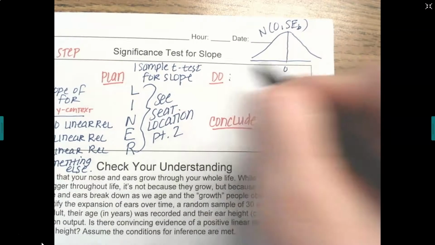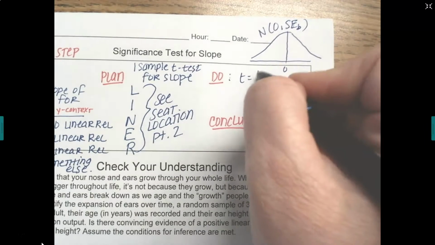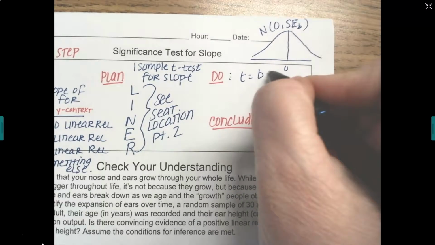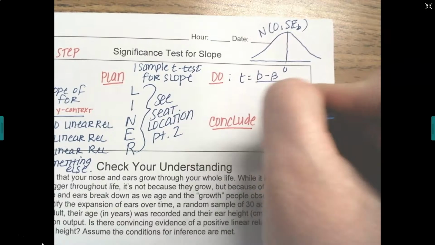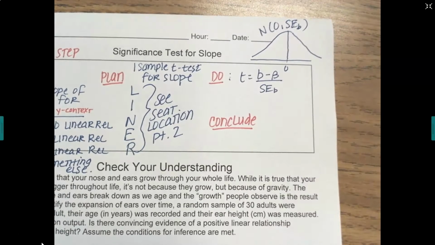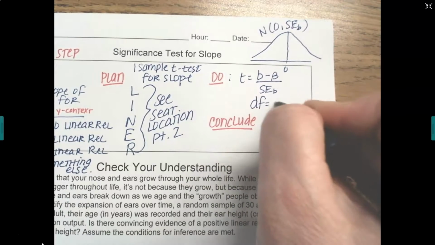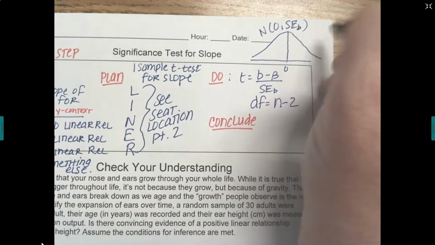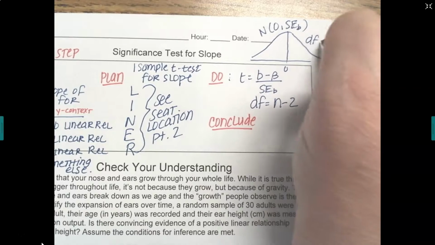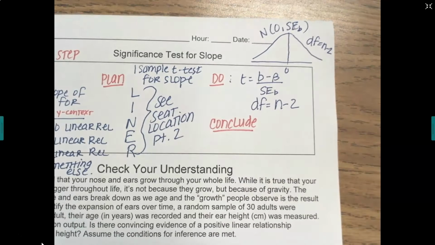You need to have your formula, which is going to be your t-test statistic: the slope of your sample regression line minus beta, divided by the standard error of the slope. Remember that your degrees of freedom is n minus 2, so you want to include that, and really you can just put it up here. That should be everything you need for that.